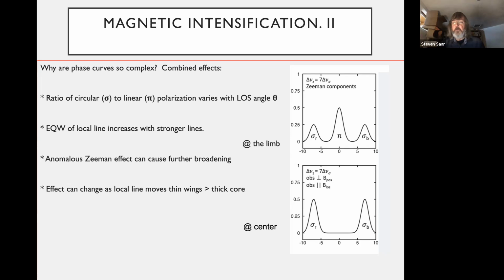Imagine this moving through a profile. It won't be as extreme because the magnetic field will not be as split as shown here, but this is just for easier visualization. You're basically starting with the top at the limb and shifting towards the bottom at disk center.